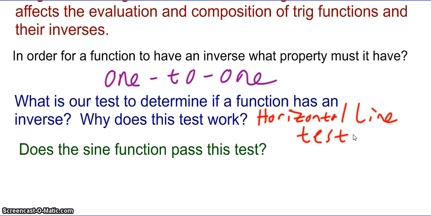Why does this test work? Well, that test is determining is the function 1 to 1. So now think about the sine function. So picture the sine function in your head. Does the sine function pass this test? No.